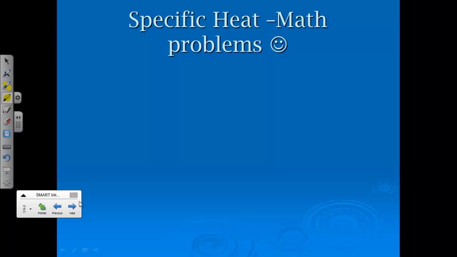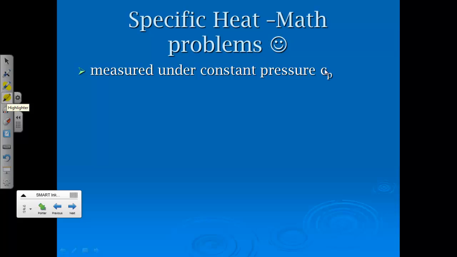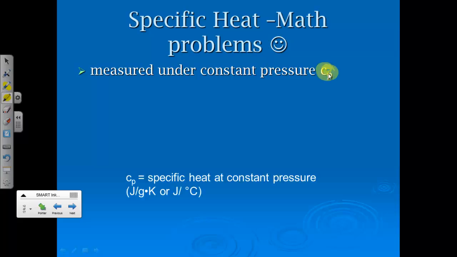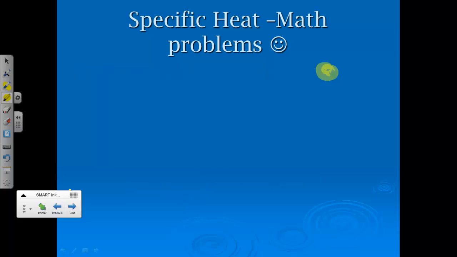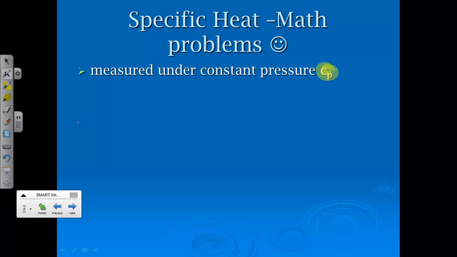Okay, now for specific heat problems, they're usually measured under constant pressure, which we abbreviate as C with the subscript of a P, which is the specific heat measured at constant pressure. It's not a huge factor right now, but it is how it's measured. Okay, now the equation, there's going to be two equations, and you're going to get both of these.